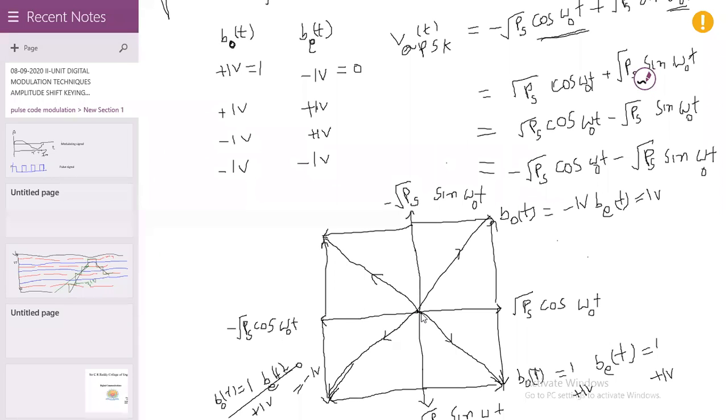This is an addition of these two, that is V naught of t equal to minus 1 volt, V of t equal to minus 1 volt. So this is the phasor diagram for the QPSK signal.